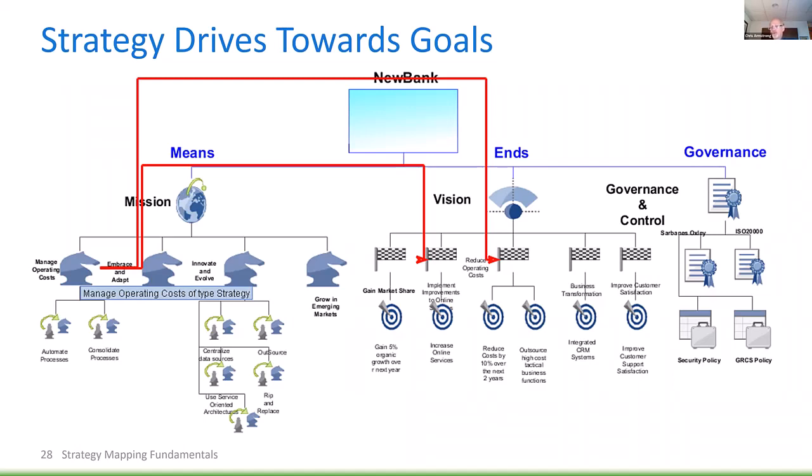So we need to have complete traceability between each level. And then similarly, we need the same kind of traceability at the tactic and objective level. So every objective has to be related to a tactic, and every tactic has to be related to an objective.